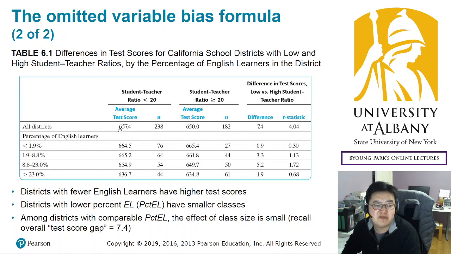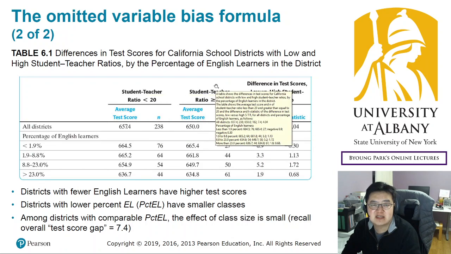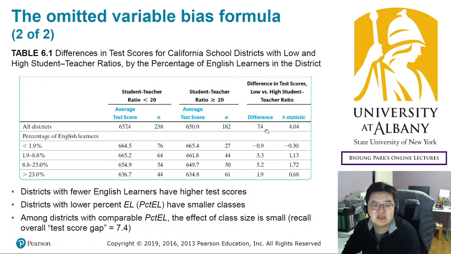We have seen this before, and by a simple calculation, you could see that the difference between small and large class school districts is on average 7.4. So compared to the large class school districts, the small class group had a higher average test score by 7.4 points.